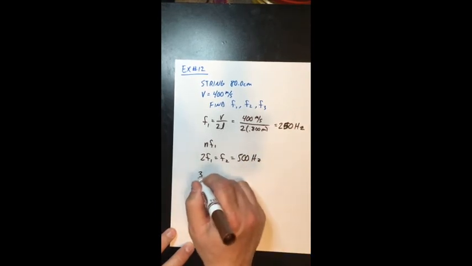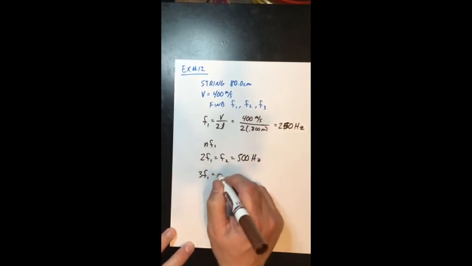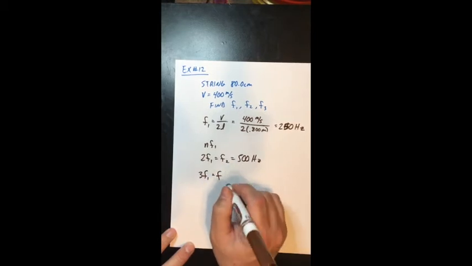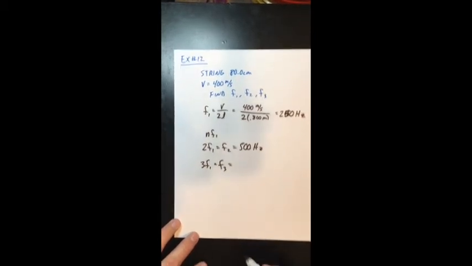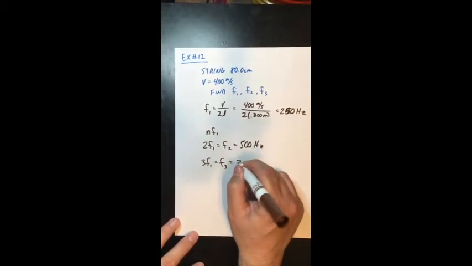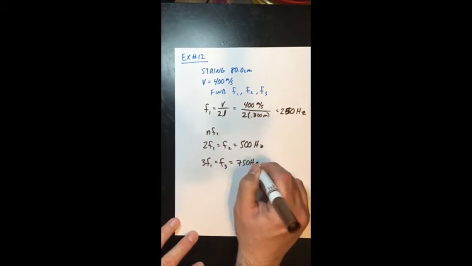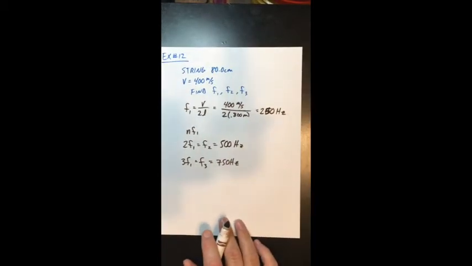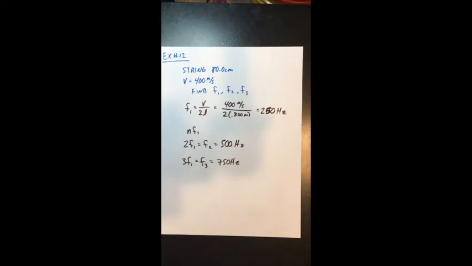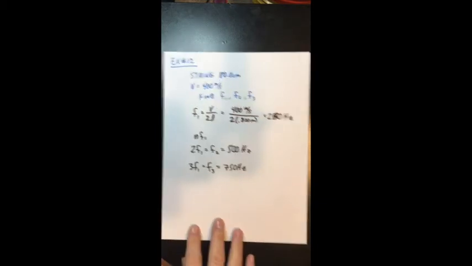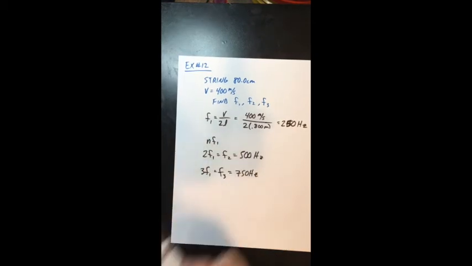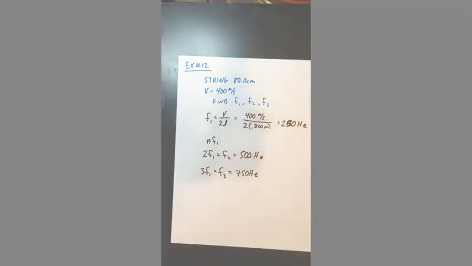And then 3 times the fundamental frequency will be f3, which would be 750 hertz. So pretty simple calculations on this one. Nothing real difficult. You just need to make sure that you have straight when to use this formula and how it differs when you switch to an open or a closed pipe with a standing sound wave.